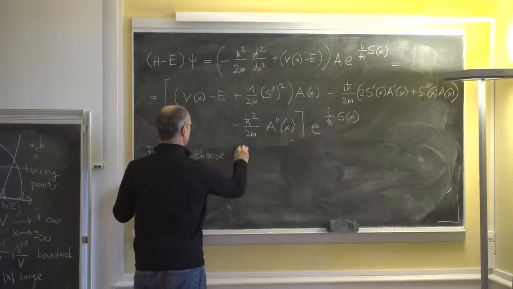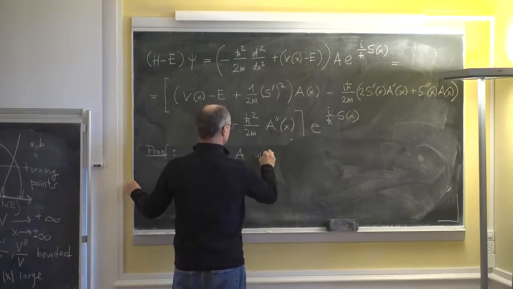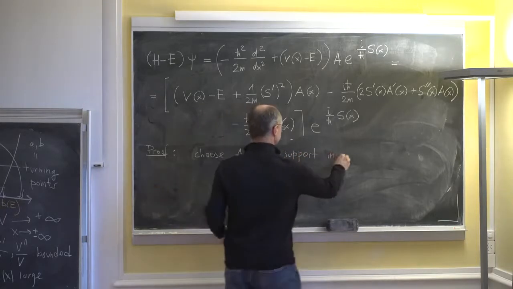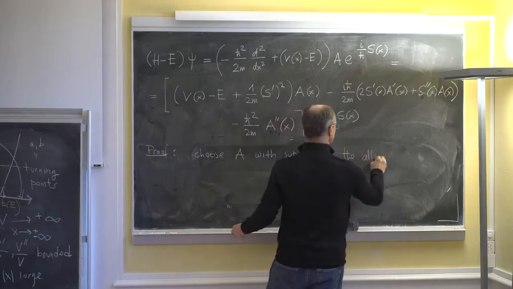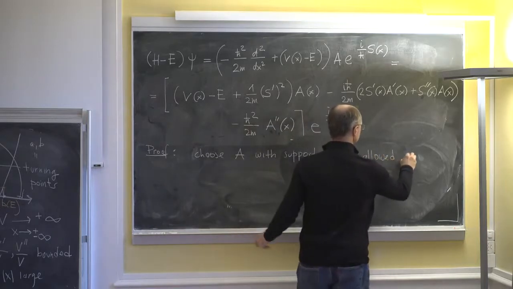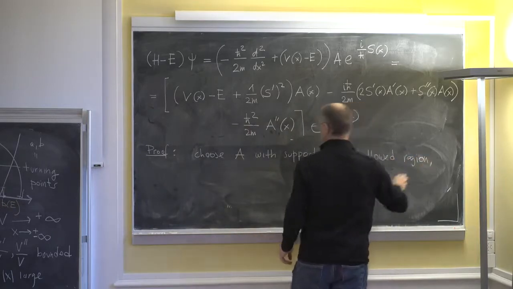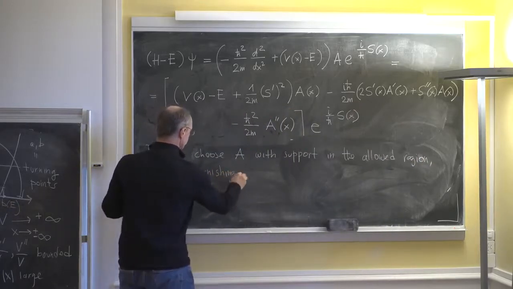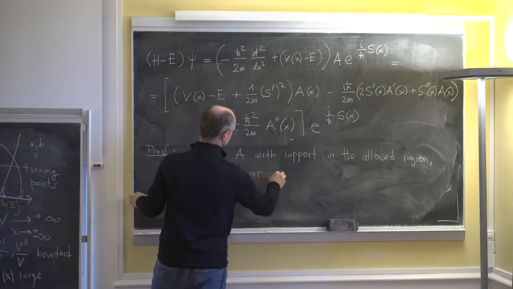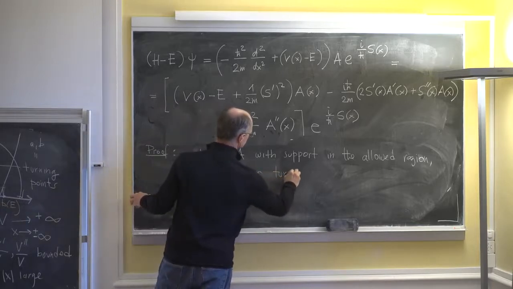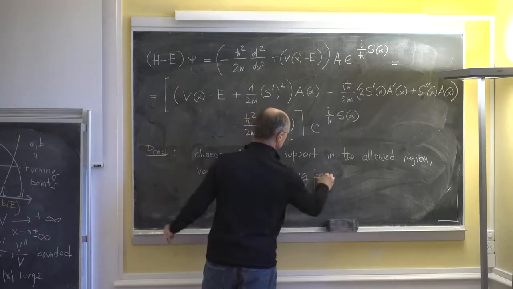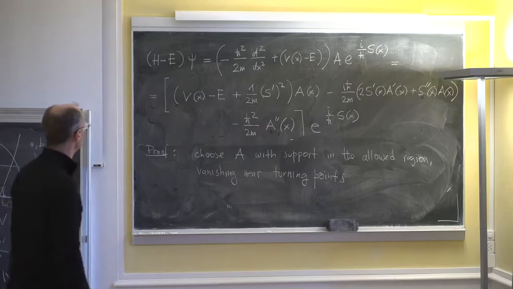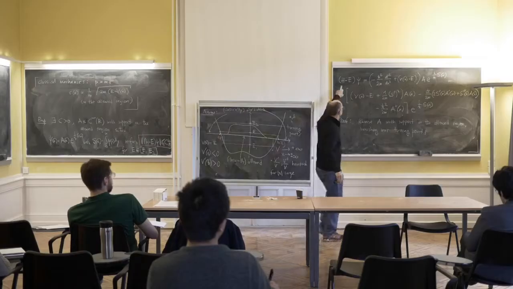So choose A with support in the allowed region, vanishing near turning points. Now we're going to use this formula.